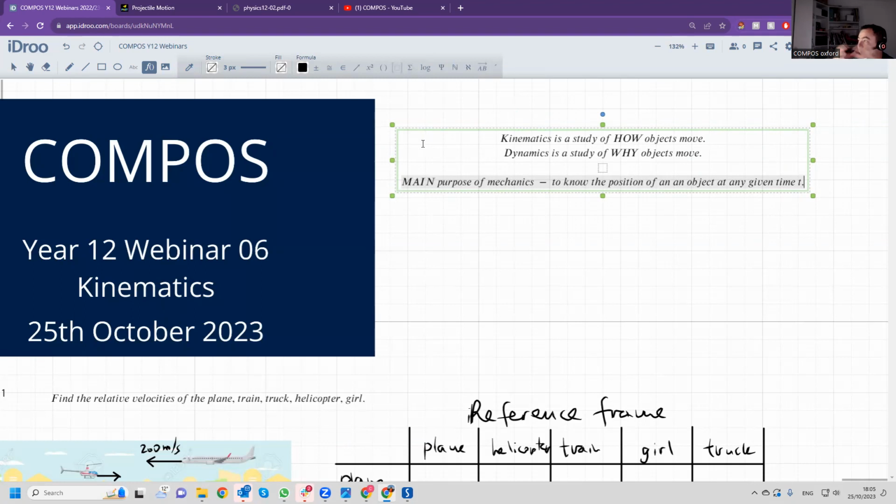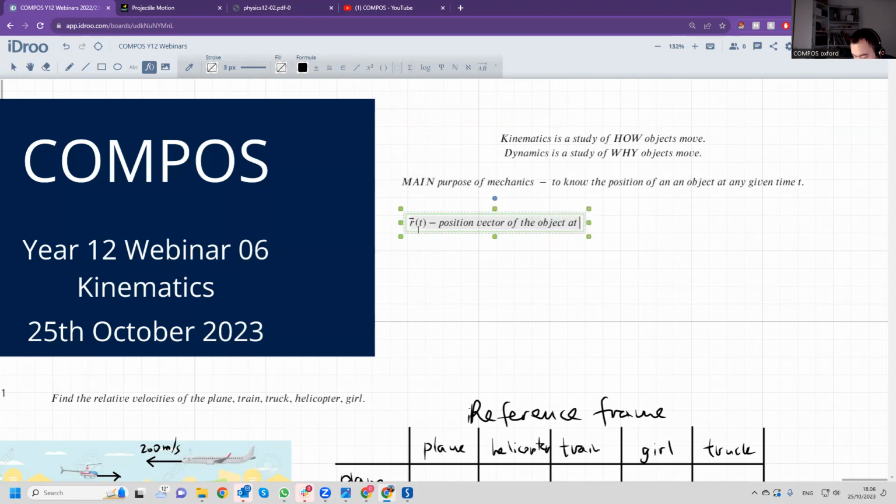And the function that tells you the position, r of t, where r is a vector of t, is the position vector of the object at any given time t. So basically, r of t, we'll get to r of t.